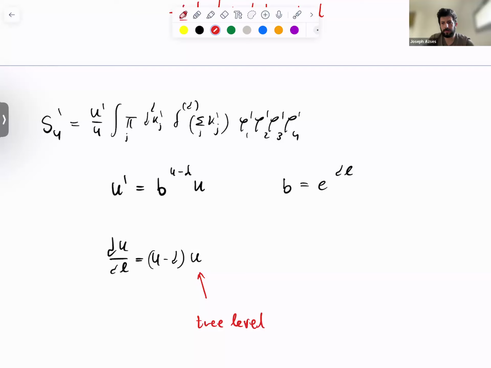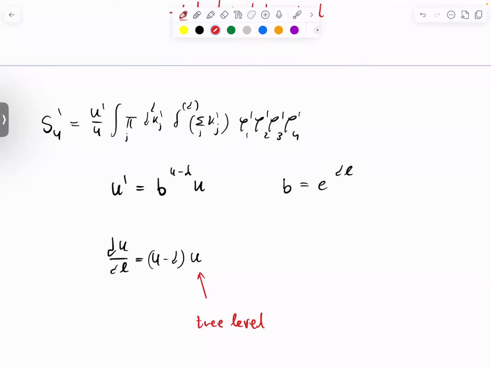Why is it called tree level? It's called tree level because diagrammatically, okay, let's put it aside why, in a moment, you'll see why we call it tree level. But the point is that this is like the lowest order term.